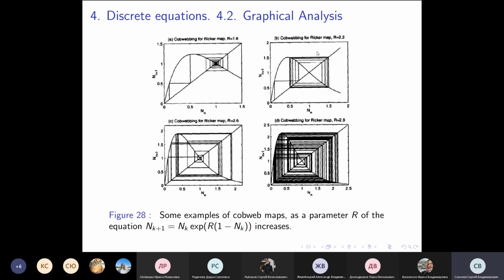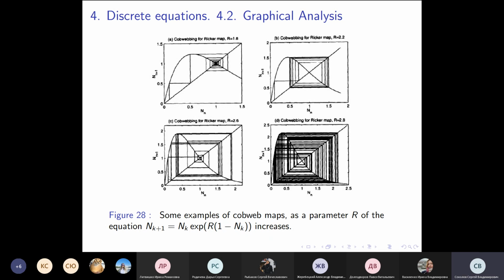For example, if r is 2.2, we see some oscillations because the solutions are going from this to this, from 0.5 to 1.5. And when r becomes greater, then something strange is happening.